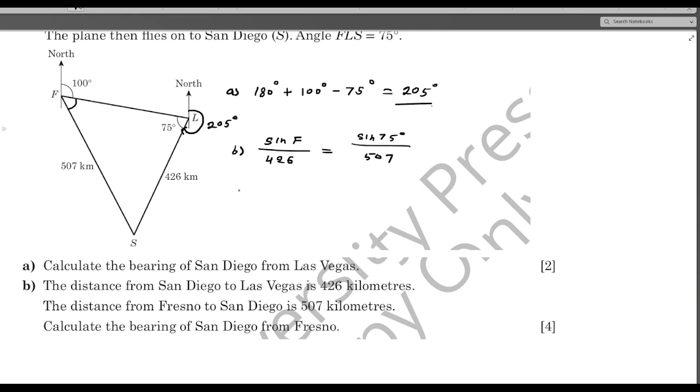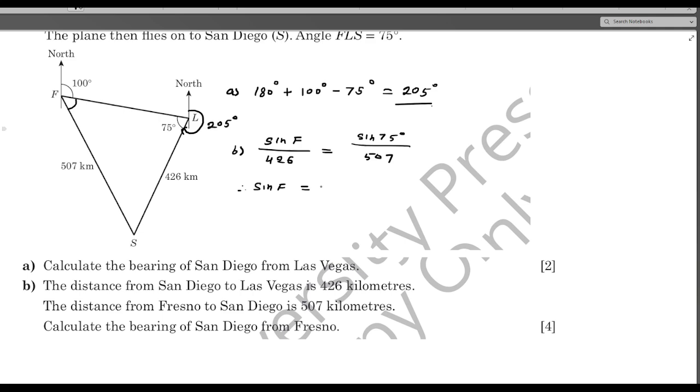Therefore, sine of angle F is equal to sine of 75 divided by 507 multiplied by 426. We get 0.8116.